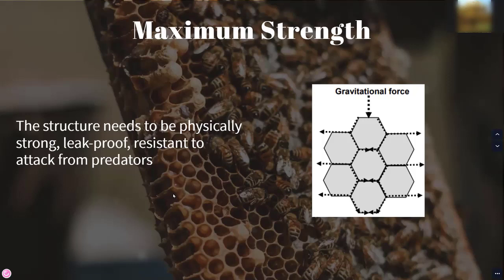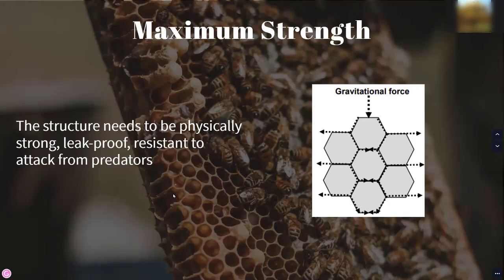This makes maximum use of the strength of the thin wax wall. So you have a gravitational force and you have honey in it. Because of that, you will have an extra gravitational force. And this force or load will be distributed equally to the sides of the hexagon. And it will be more stable.